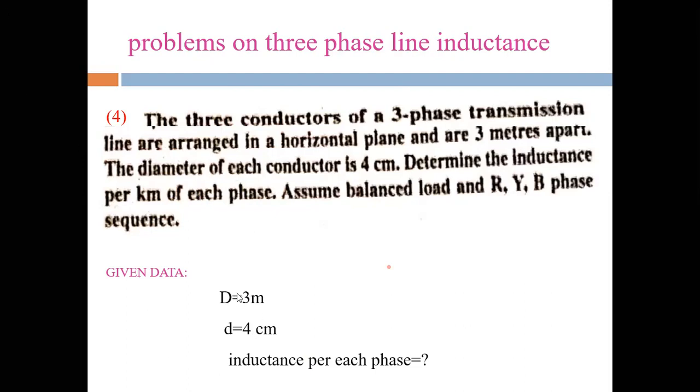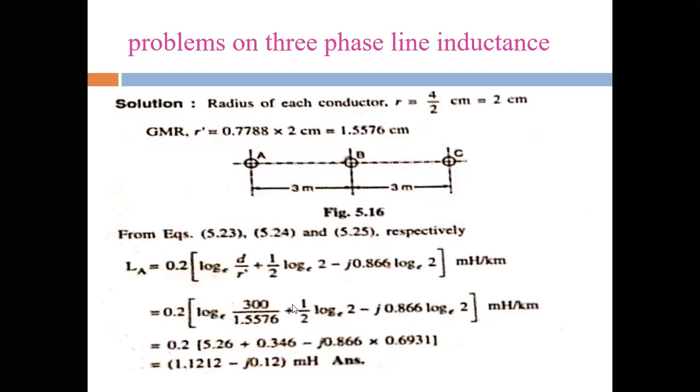The diameter of each conductor d is equal to 4 centimeters. Then we calculate the inductance for each phase.